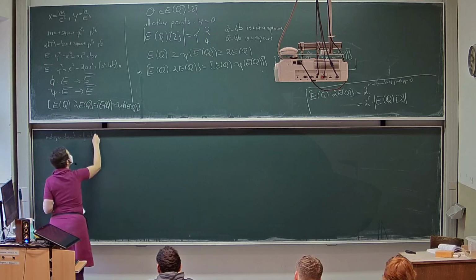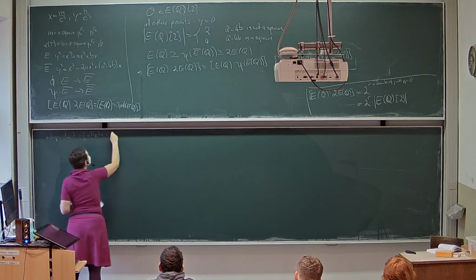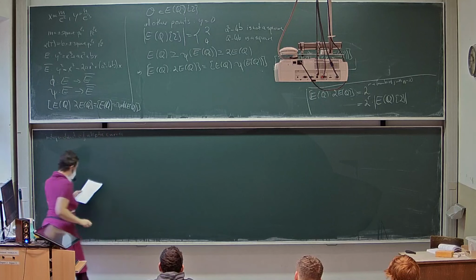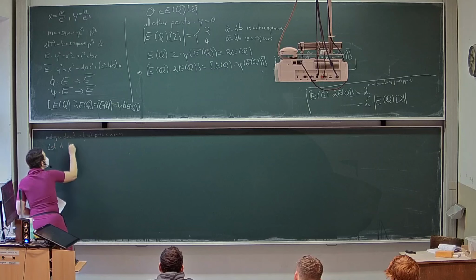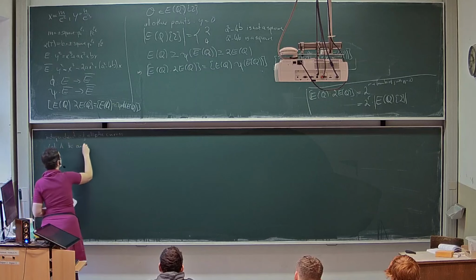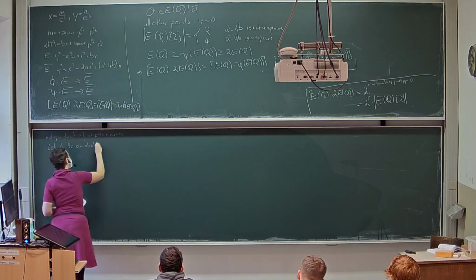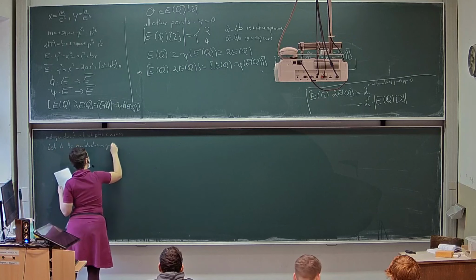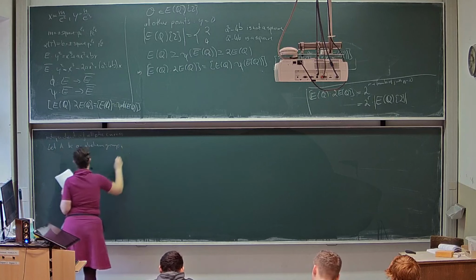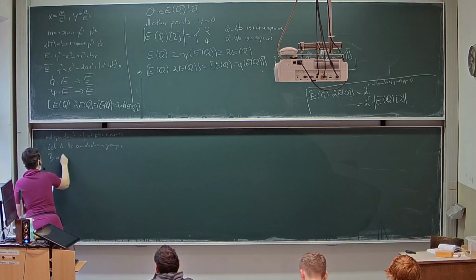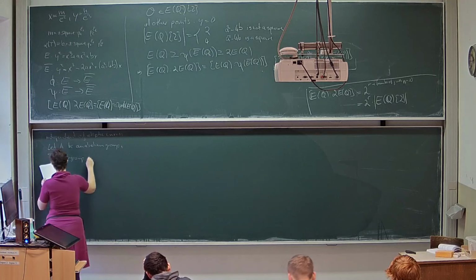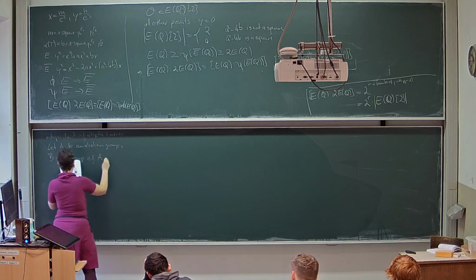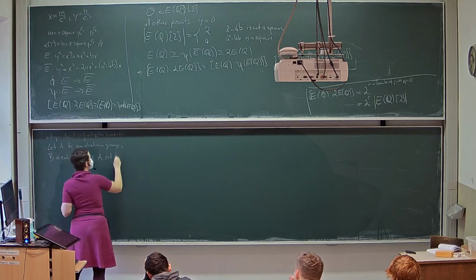So this is independent of elliptic curves and holds for any abelian group. Let A be an abelian group, and let B be a subgroup of A of finite index.